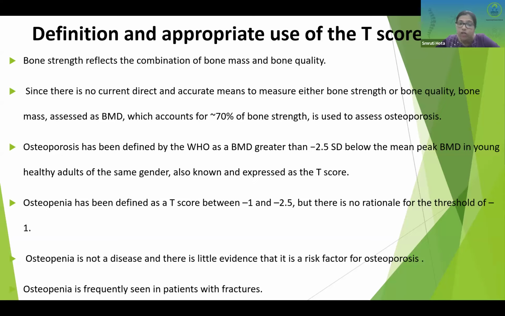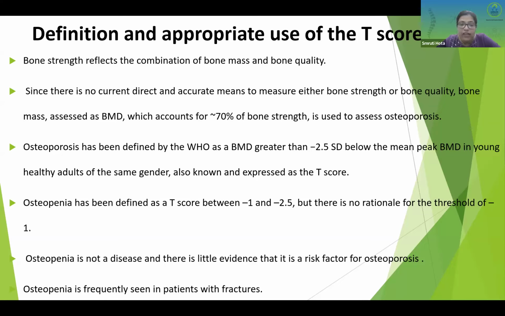Unfortunately, at present, we do not have any direct or fully accurate way to measure either bone strength or bone quality in a living human being. So we rely on bone mass, which we measure as bone mineral density, or BMD, as a practical surrogate. BMD accounts for 70% of the bone strength, which means it's informative but not the full picture.